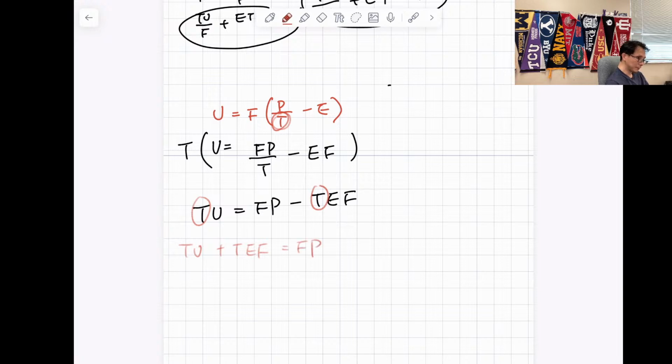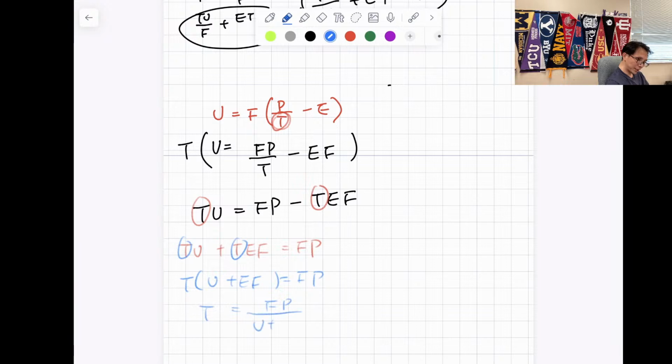Is that okay? What can I do now? You can factor out t, so it'll be u plus ef equal to fp, and then t is equal to fp over u plus ef.